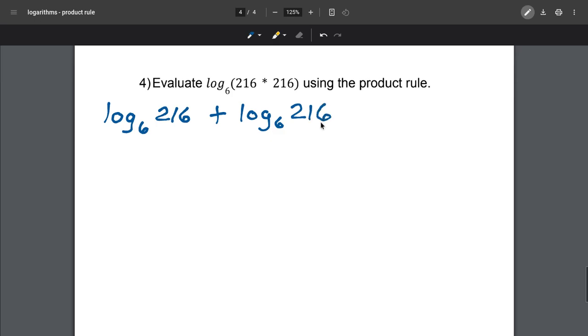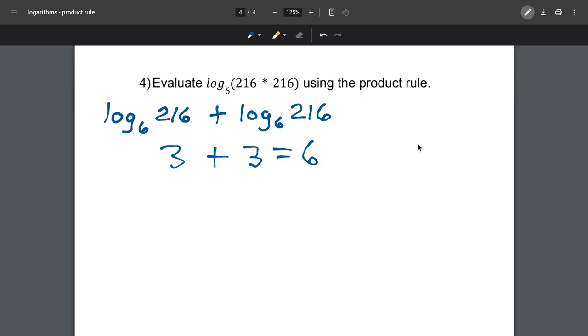And I think when I read this one out, I said log base 6 of 216 times log base 6 of 216, okay? It's not that. That's different. Anyways, to get 216, we do 6 times 6 times 6. So that's 3 6s multiplied together to get 216. So that's 3 plus 3. So my answer here is 6.